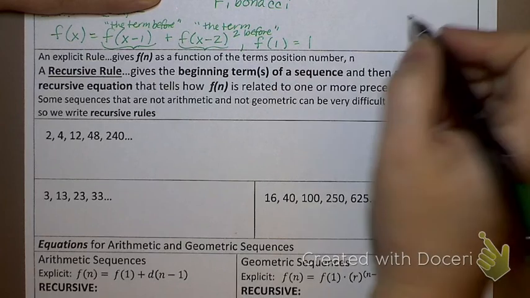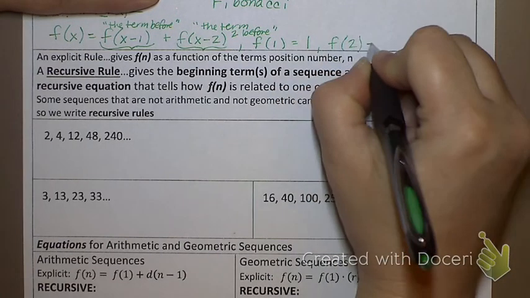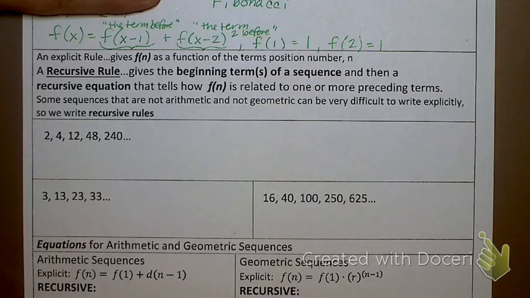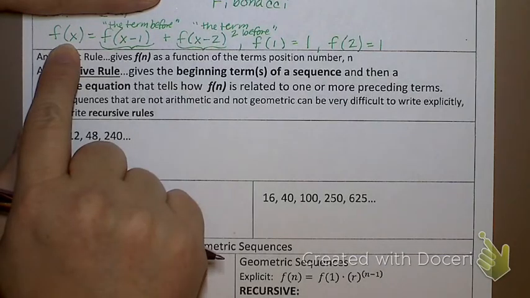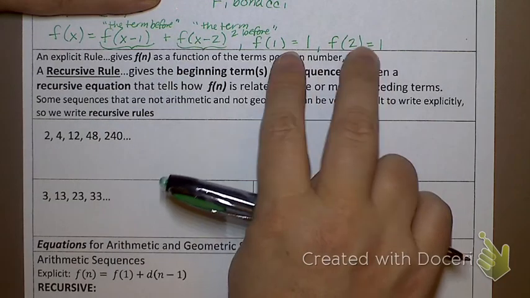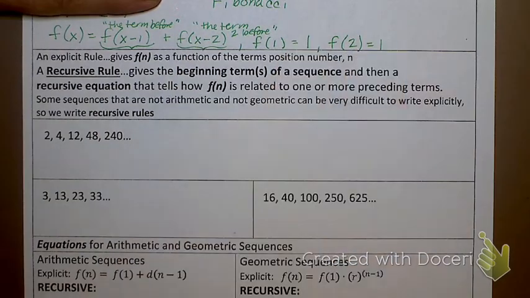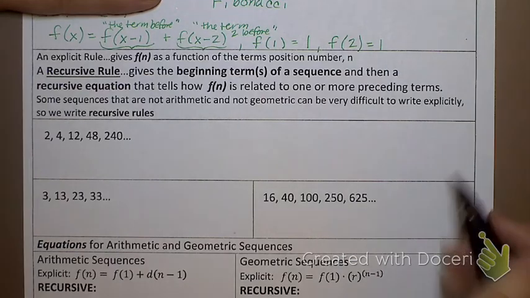So I'm going to give you the first term and the second term. And now you could come up with the third term, right? That's the first one you could actually calculate with this. You would say, okay, the third term is equal to the second term plus the first term. I have the second term and the first term, so I can come up with the third term. Does that make sense? Good answer.